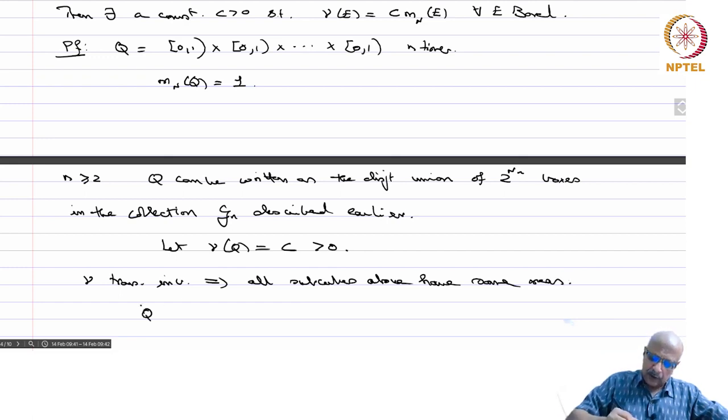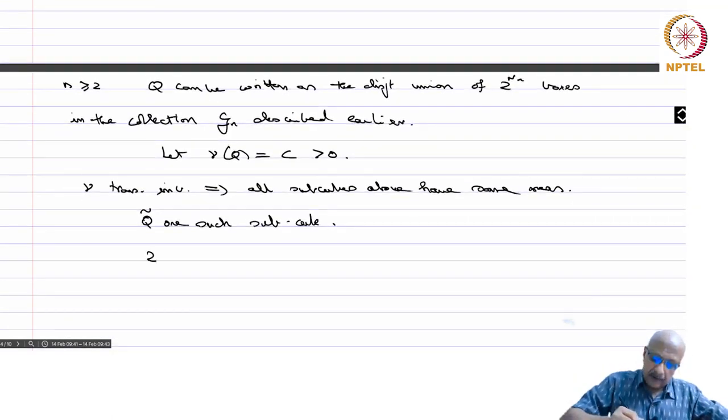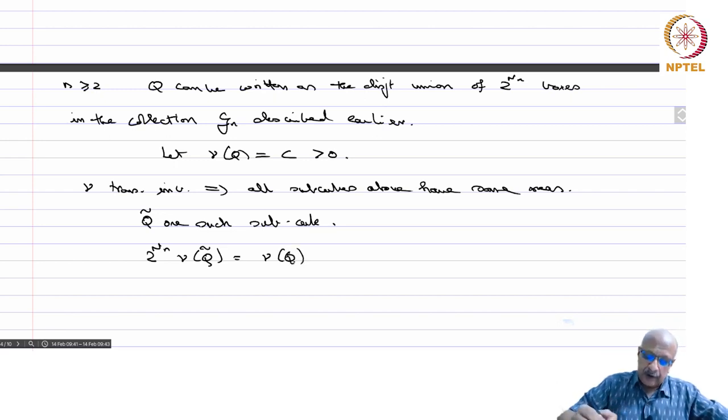So let us take Q tilde, one such subcube. Then what do we know? We know that 2 power nn times nu of Q tilde is nothing but nu of Q, because Q is the disjoint union of 2 power nn boxes. Let's say subboxes.